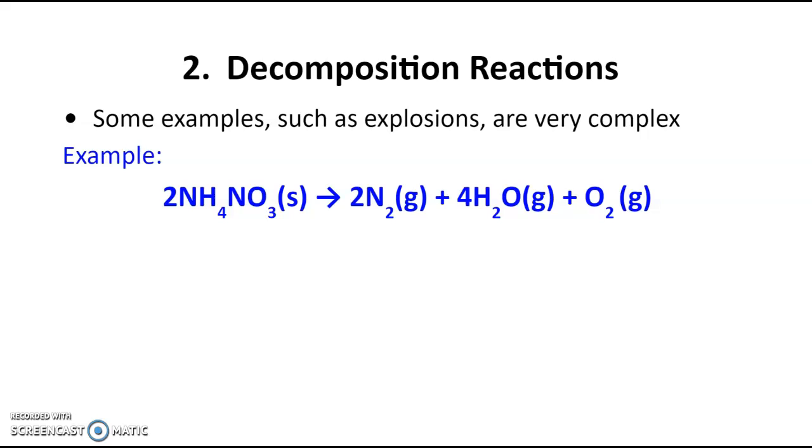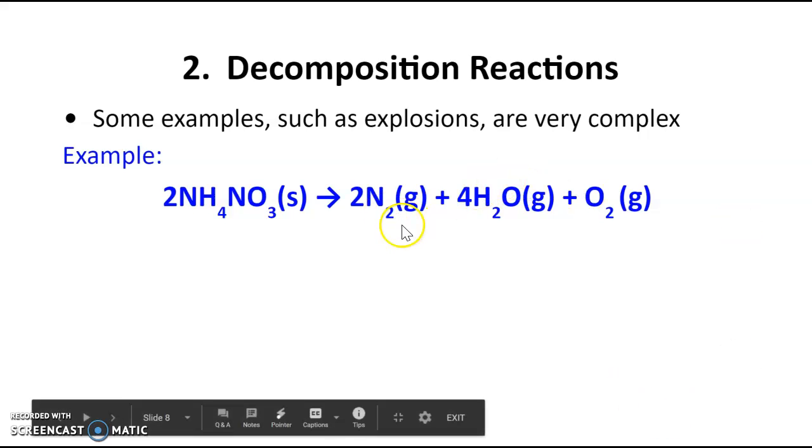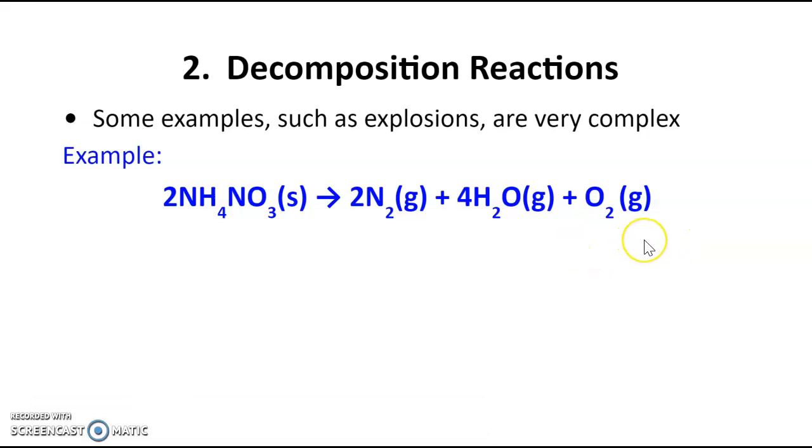And if you give it just a little bit of energy to start its reaction, it goes crazy, and it makes nitrogen gas, N2, it makes water, H2O, and it makes oxygen gas, O2, and it's very exothermic. It makes a lot of heat, and because it's so hot, these gases expand very, very rapidly, and that's what creates the explosion, is that displacement.